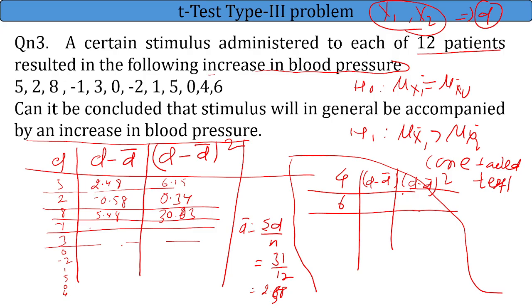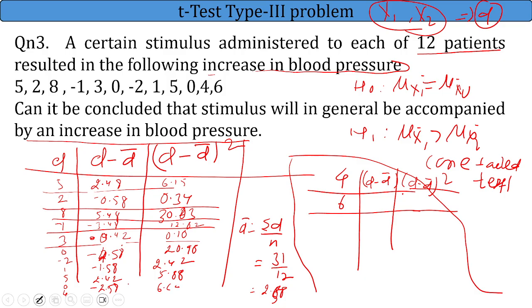The values are 5.88, 0.34, 12.82, minus 0.42, minus 2.58, 0.18, 20.98, because it became 4, then minus 1.58, it became 2.42, then 2.42, it became 5.88, 6.60.